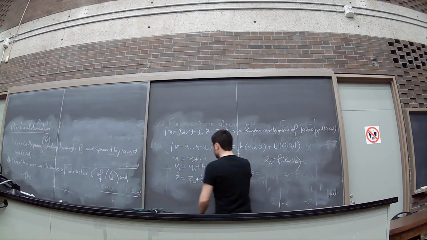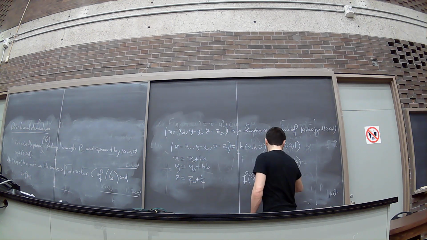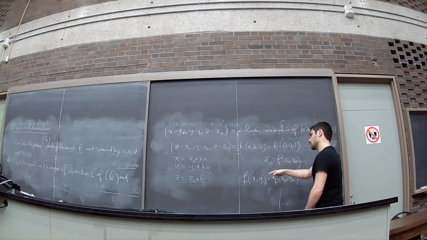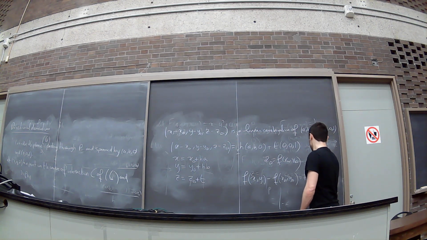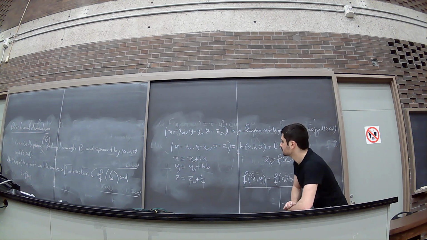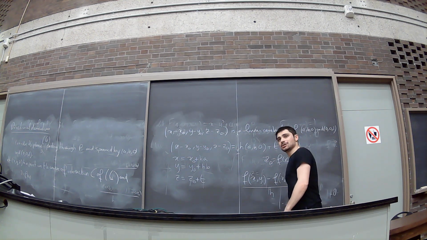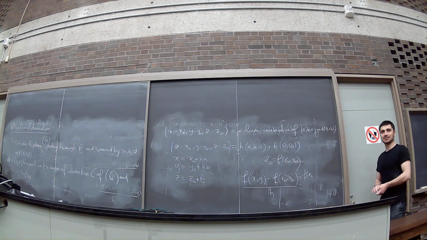So, the rate of change, the difference of f, so it's f(x, y) minus f(x0, y0), over h, right? You see that?